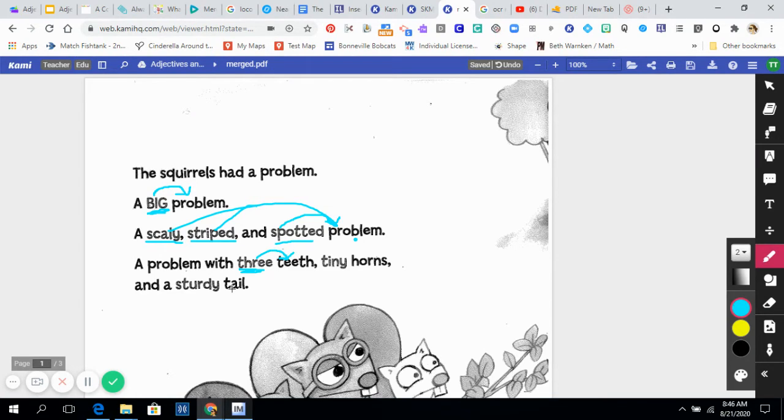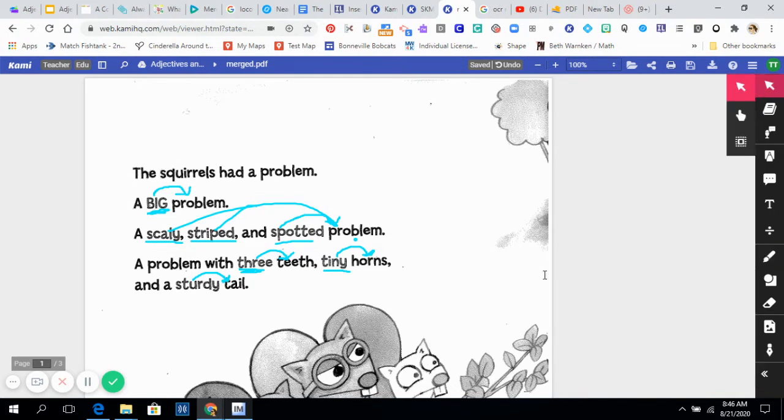And I'm going to show that it is modifying and describing teeth. Oh, here's tiny. Tiny what? Horns. I can see tiny. And a sturdy tail. I can see it, and if I went over to feel it, I would see that it's pretty strong and doesn't move much when it's held in a certain way. And now I'm going to continue scrolling down.